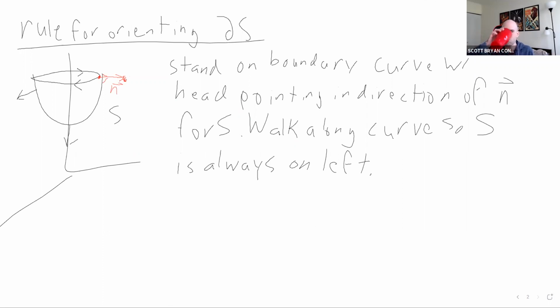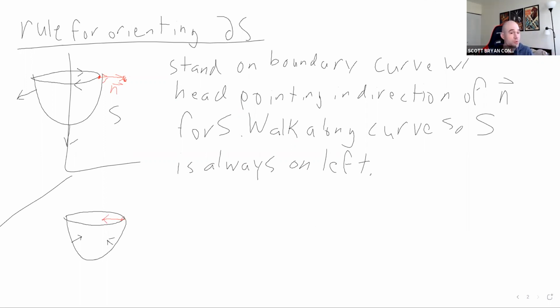Wait, so are you always going clockwise, or does it depend on the curve? It depends on the orientation of S. If I switch the orientation, if I now had the same surface but with inward pointing normals, we would stand in the same spot, but now our head would be pointing to the inside.